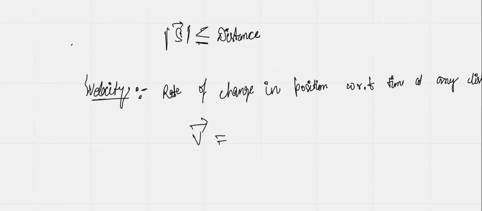So delta S vector over delta T vector. This suggests final position minus initial position, and this suggests final time, the time when you are at the final point, minus initial time when you started your journey. Clear, Bhavna?